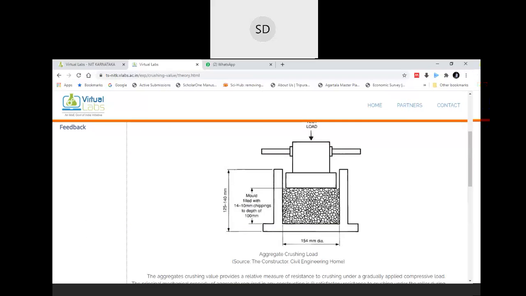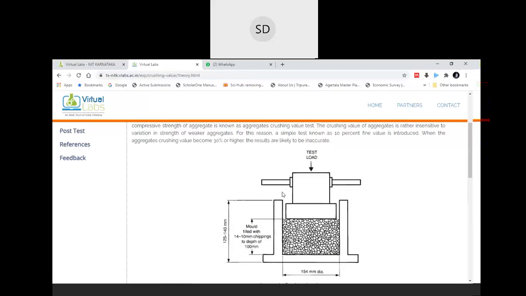So different rock samples have different characteristics, and as you know, in the flexible pavement, there are two layers of aggregates. One is the base layer and another one is the sub-base layer. Therefore, it is important that the aggregate possesses great strength to withstand all the vehicle load.